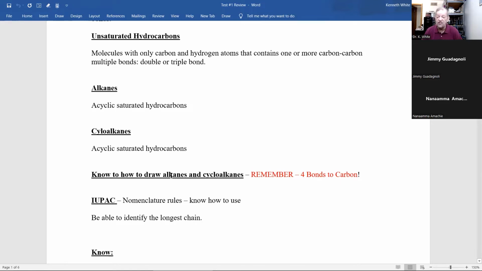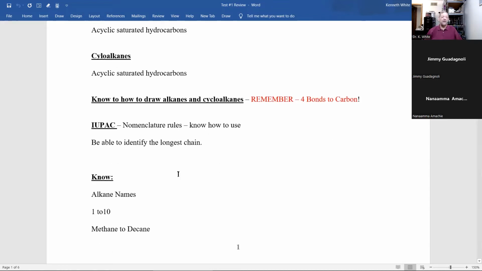In alkanes, you show the carbons and hydrogens, and don't forget, your friend on test 1 is how many bonds to carbon? 4. So remember, 4 bonds to carbon. And we went through this. Now, we went through the nomenclature rules, IUPAC rules, for alkanes and cycloalkanes.